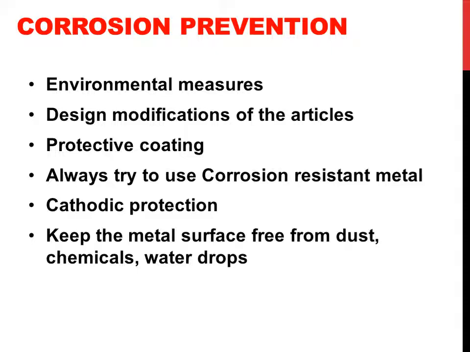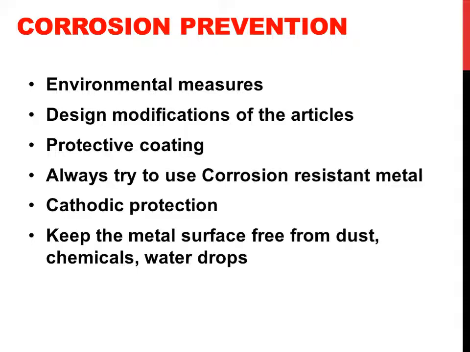And when we design the article, we always need to use a corrosion resistant metal. For example, we can consider aluminum metal, which has less tendency for corrosion. And also we can go for the cathodic protection method, either by the impressed current method or by the sacrificial anode method. So we have two techniques under cathodic protection.